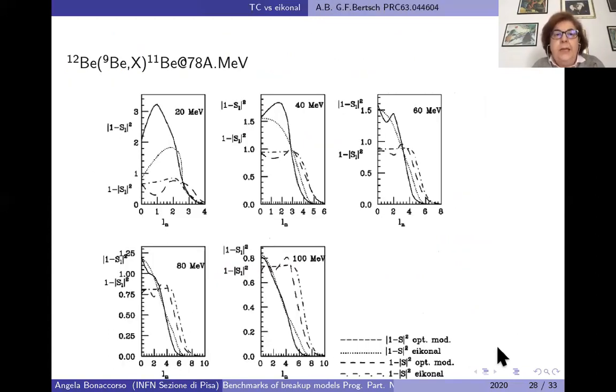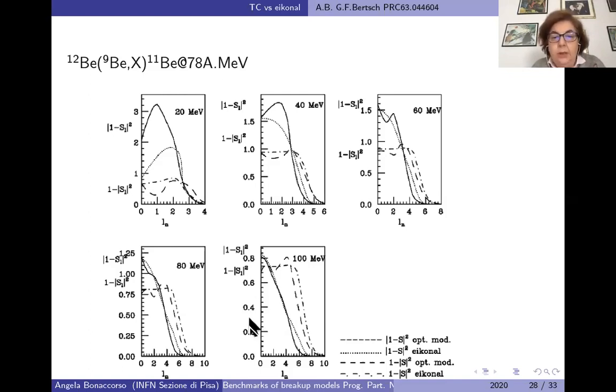And finally, what happens when we calculate with the eikonal model? So I did a paper a long time ago with George Bertsch. At the moment, I have not repeated this calculation for oxygen-14 because I know already what I'm going to get. Anyway, the eikonal is never exactly the same as an optical model calculation.